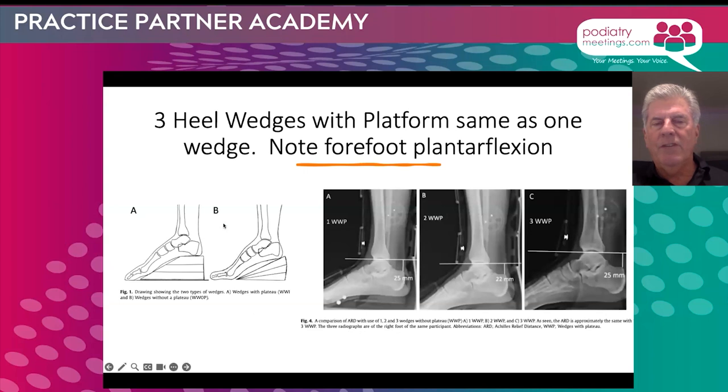So what's interesting is if you use these heel platform wedges, and here's 1 wedge, 2 wedge, and 3 wedges, the equinus positioning of the heel bone really doesn't change even when you use up to 3 wedges. It stays relatively the same because in each case, the forefoot just simply plantar flexes off of the wedge.